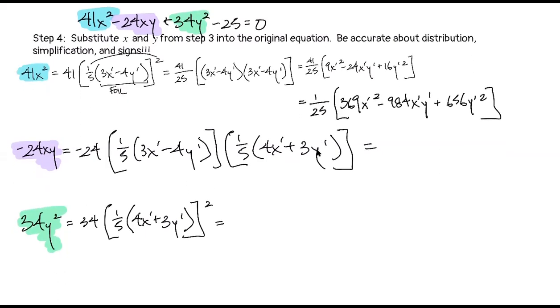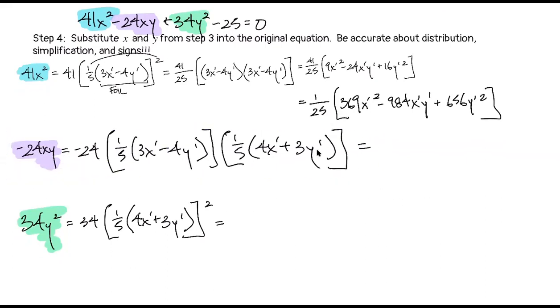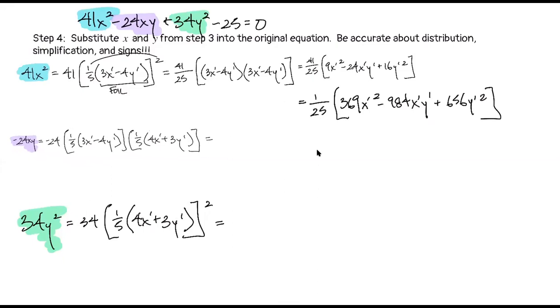And now we're going to do a similar thing with this one in the purple here. Okay. So again, our goal is to FOIL things, multiply things, see what constants get brought out to the front, okay? Now in this case, I have a negative 24, but I also have this 1/5 and 1/5, so that gives me negative 24 over 25. And then I have to multiply 3x prime minus 4y prime times 4x prime plus 3y prime.